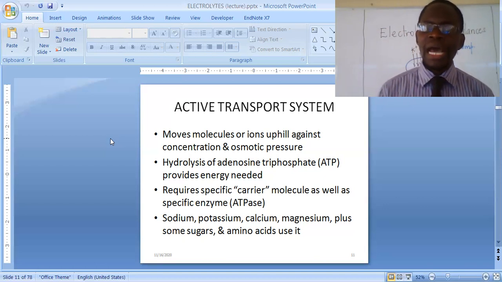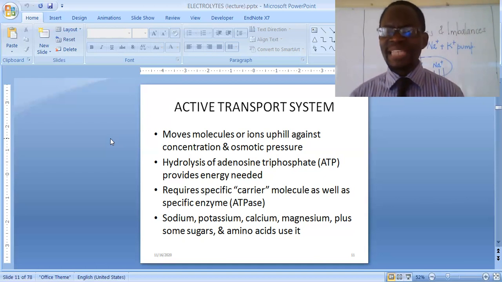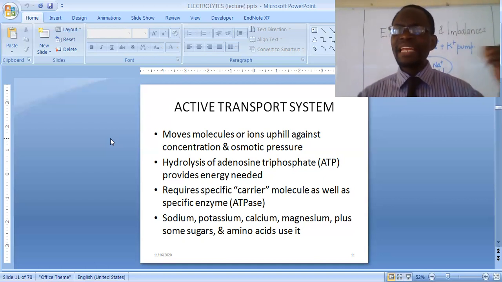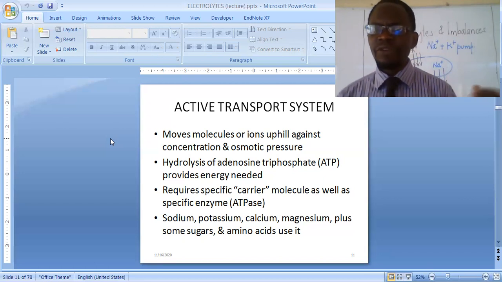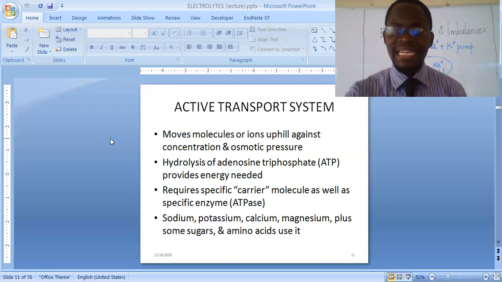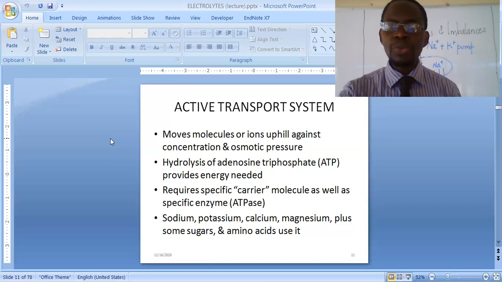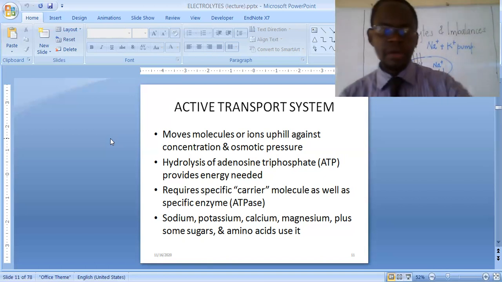We also have things like amino acids and some sugars. We might need them in a cell, and there is need for active transport of these products within the cell.